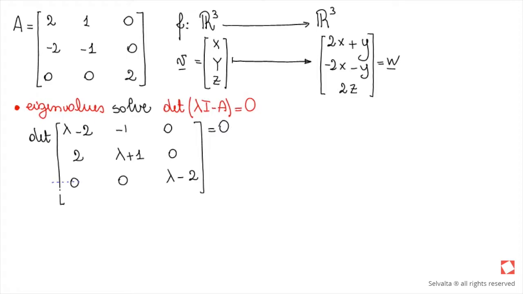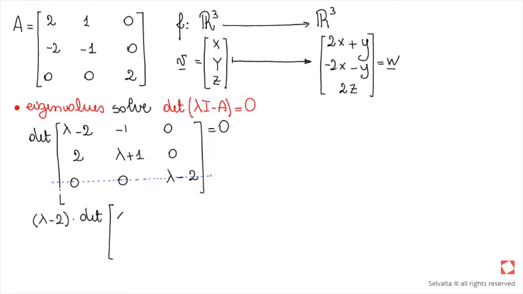I will use the definition of determinant and calculate it starting from the last row, because it contains 2 zeros. Then the calculation will be simple, and the determinant becomes lambda minus 2 times the determinant of the matrix you obtain removing the third row and the third column.